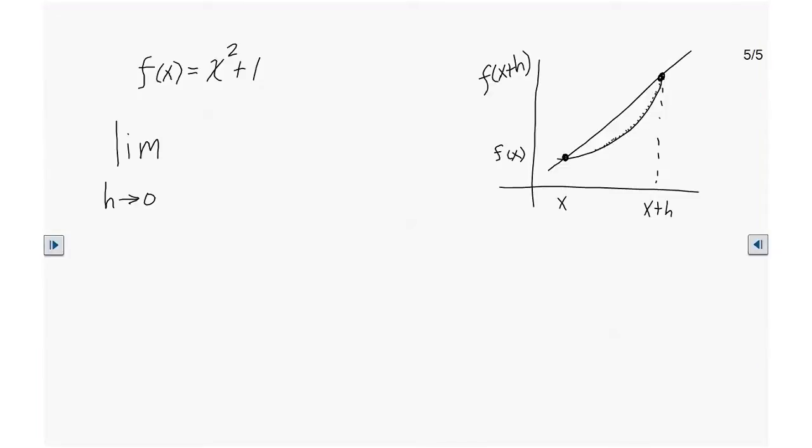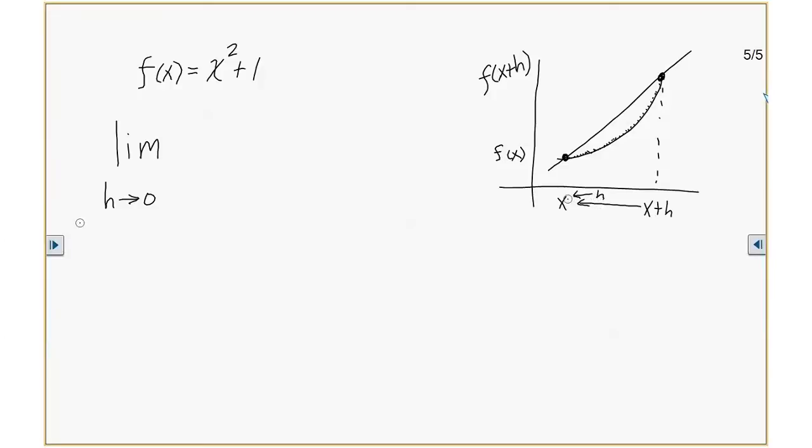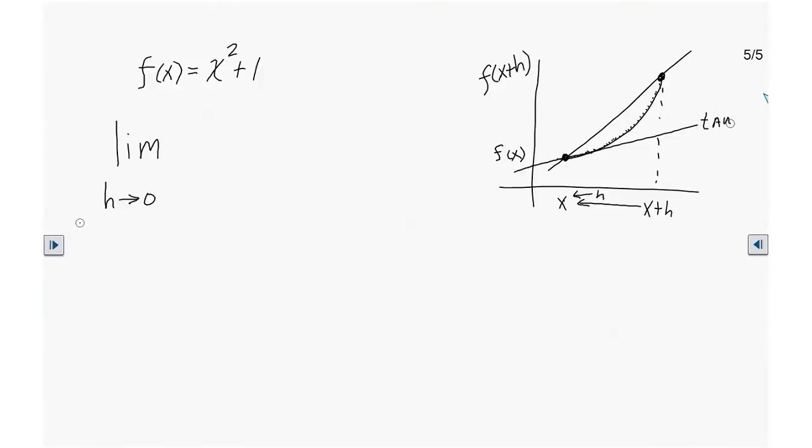After one step, after one step, after one step. H approaches what? 0. H is right there, the hair width from x. So what does your secant line become? The tangent line.